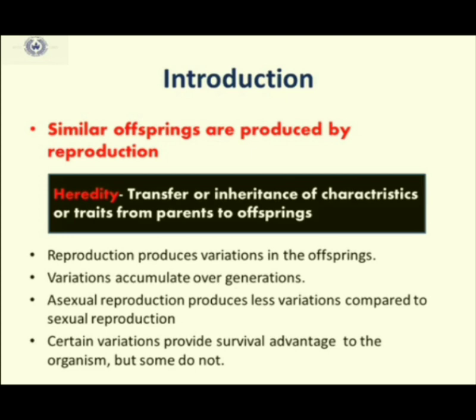This concept is actually known as the survival of the fittest. For example, in a population of bacteria that we have already learned in the previous chapter, only the variants which can withstand the high temperature could survive, and all the other bacteria died. So creation of favorable variations in a species promotes survival.